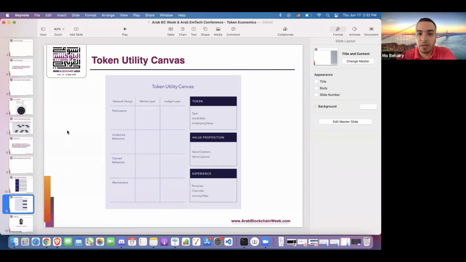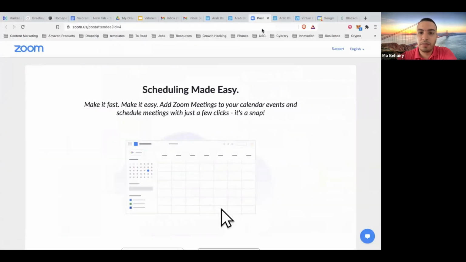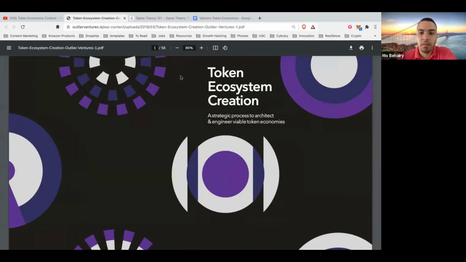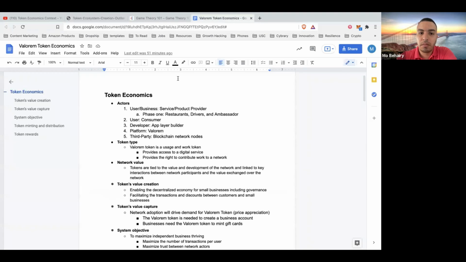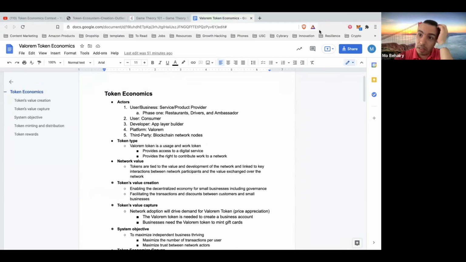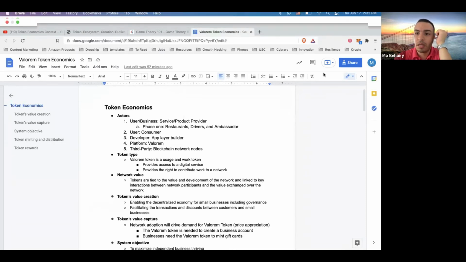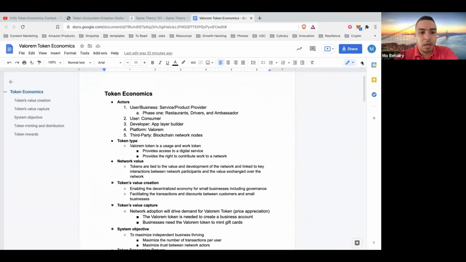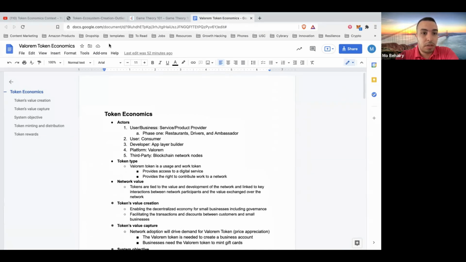Even though it's not the end goal, it helps a lot. I can give an example here. This is a token utility canvas that I created for a project I'm working on.